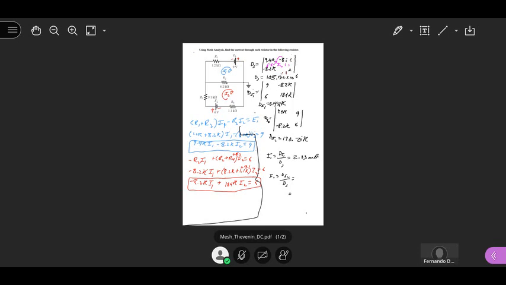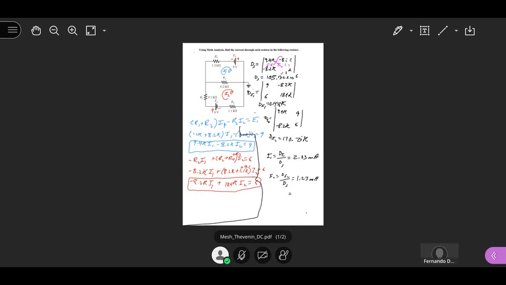And the second one will be equal to 130.2, I think, equal to 1.23 milliamps.